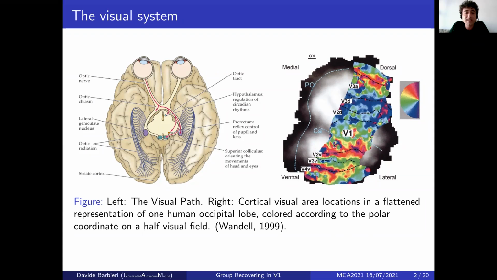Area V1 is the first area of the brain's cortex that receives and processes signals from the retina.